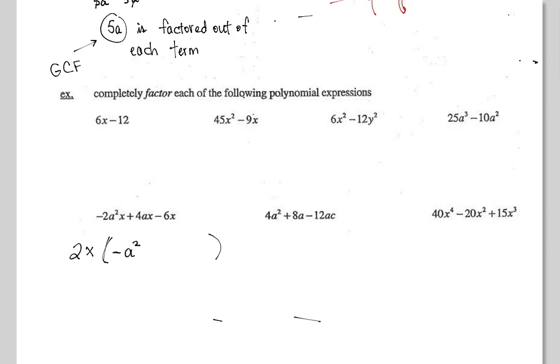Now divide 2 out of the next one. What do you get? 4 divided by 2 is 2. I'm not doing anything with the a's, and the x will cancel. And the last one? 6 divided by 2 is 3. Keep the sign. When you divide by positives, you keep the sign.